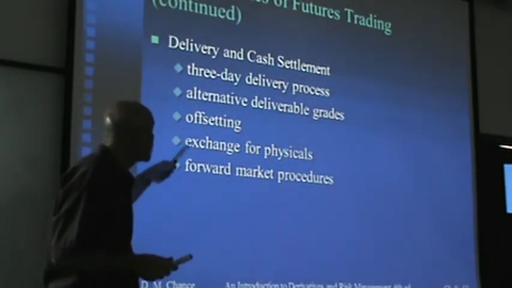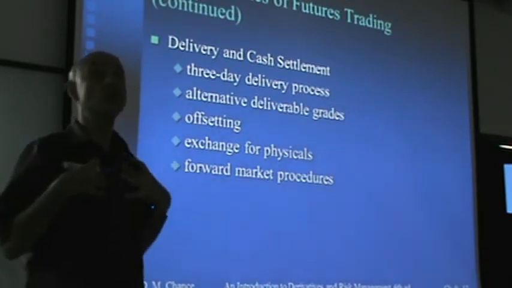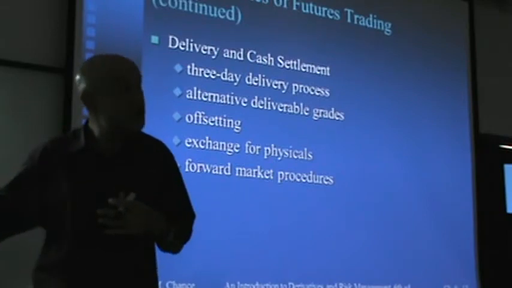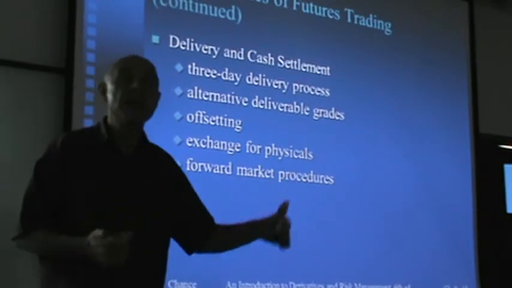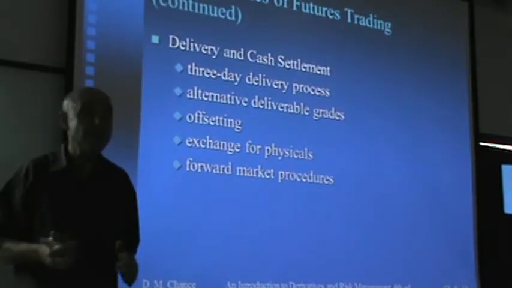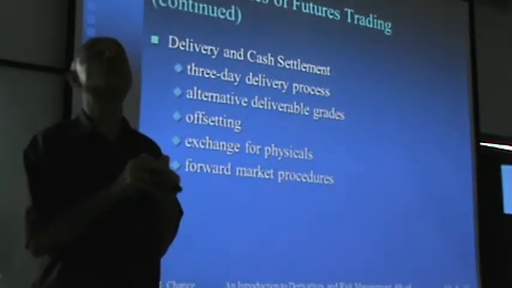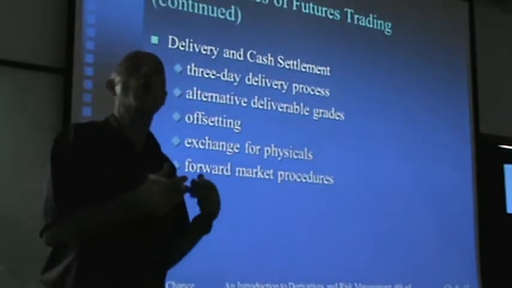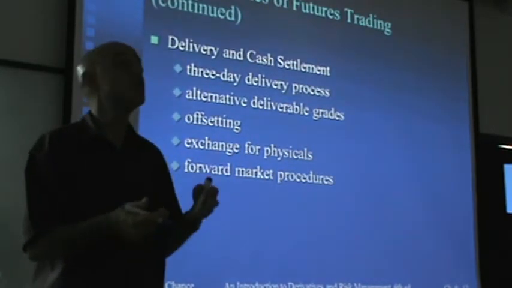And you may also have exchange for physicals. This basically means that you got a long who wants to take delivery of crude oil because they use the crude oil. It's a gas station, for example, over here, and they want to take a lot of tons of crude oil. And you got some seller, and they got a contract, let's say 10 contracts. Well, they can get together and they can agree on what to exchange, or what could be acceptable delivery to exchange.